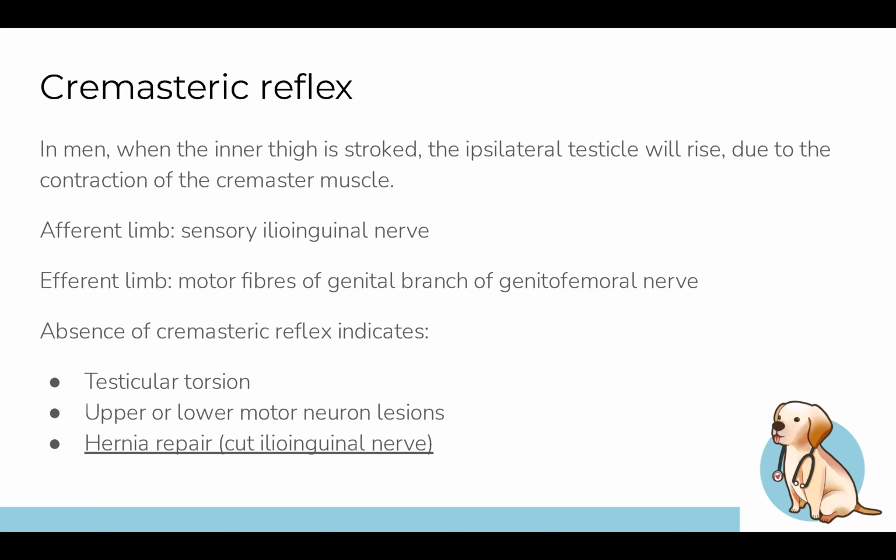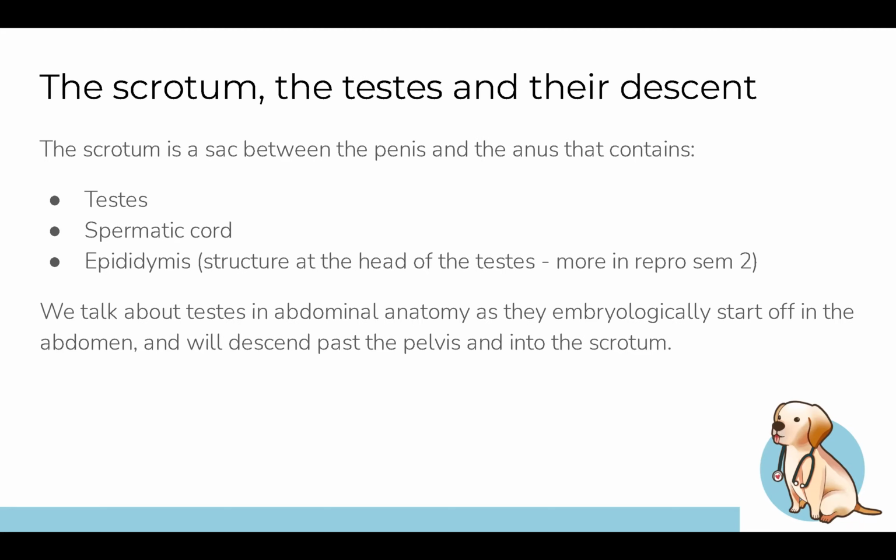Or it could be after a hernia repair due to the ilioinguinal nerve being cut. Don't ask me why it's specifically the ilioinguinal nerve. I don't fully understand it myself, but apparently it is specifically that. I don't think it's very high yield, but that is a common thing after surgery. If they're not having a cremasteric reflex, you're thinking, oh no, I've done something wrong.